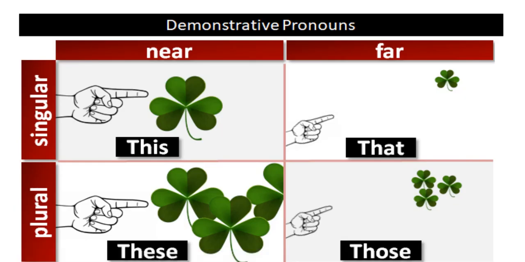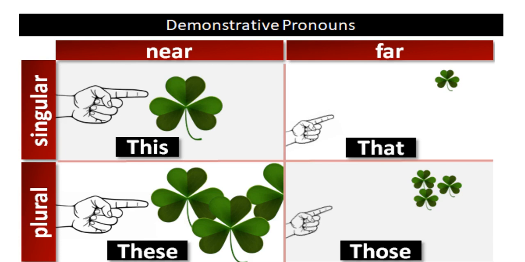Now let's recap about demonstrative pronouns. Can you see the picture? For singular form, for representing near, we have to use this. And for singular form which is far away, what are we supposed to use? That. For plural form which is nearby, we have to use the word these.